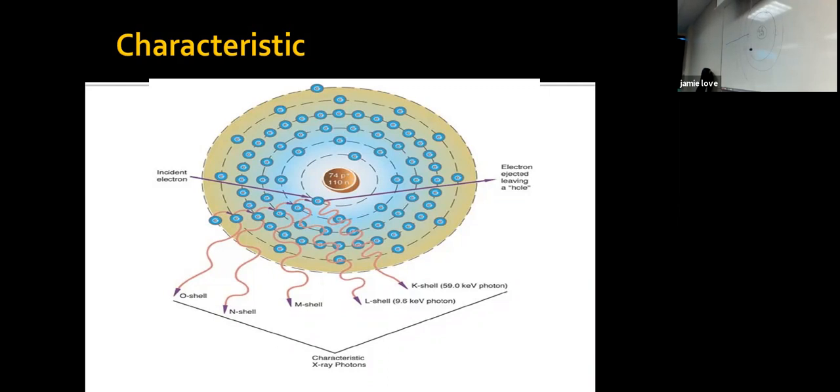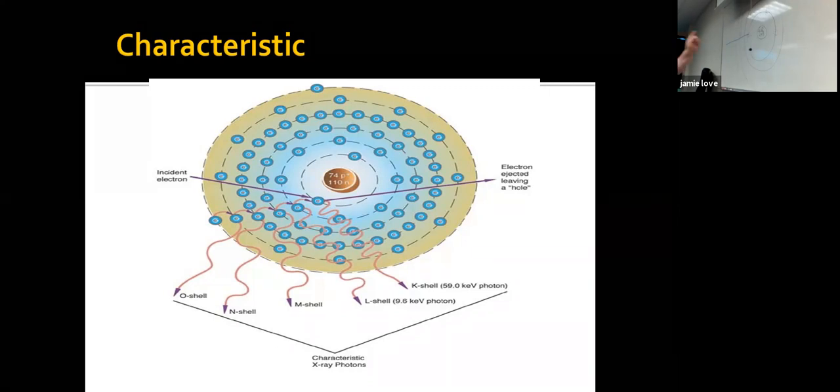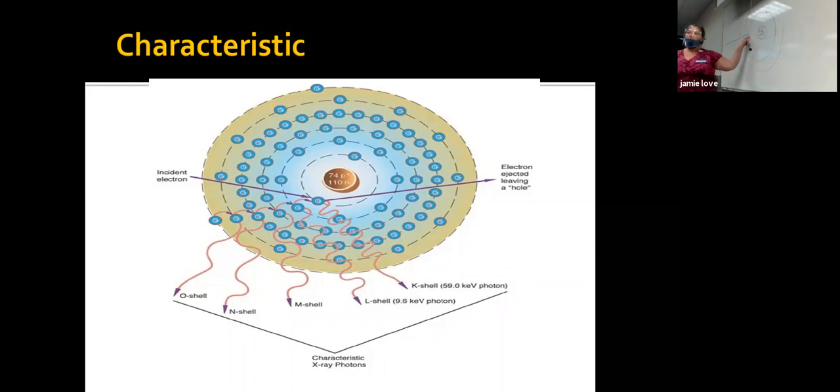For us to have this interaction happen, a characteristic interaction has to have energy of that electron hitting that electron out of the K shell, has to have energy pretty close to it to knock it out, or it's not going to happen. So characteristic X-ray photons happen at the K shell. So on the chart, there's binding energies on page 64, and this is another number you need to know, 69.5. That's the energy of K shell electrons.